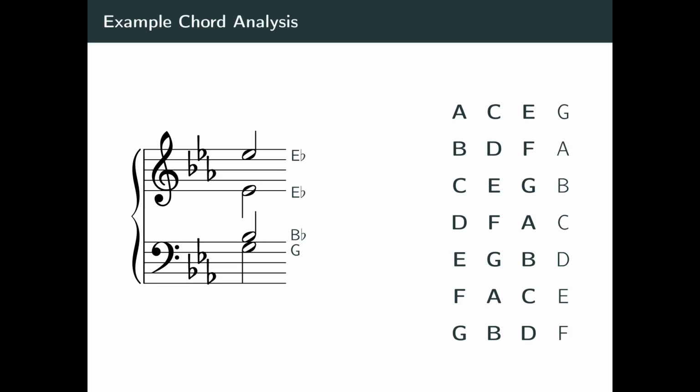In the order A, C, E, G, the chord is in root position, and its root is A. B, D, F, A is also a word that's in root position. There are 7 of these 4-letter words, and if you chop off the last letter of each, you get the triads. So these are all of the 7th chords and triads. You know how to put them in root position just by sorting the notes into that order.